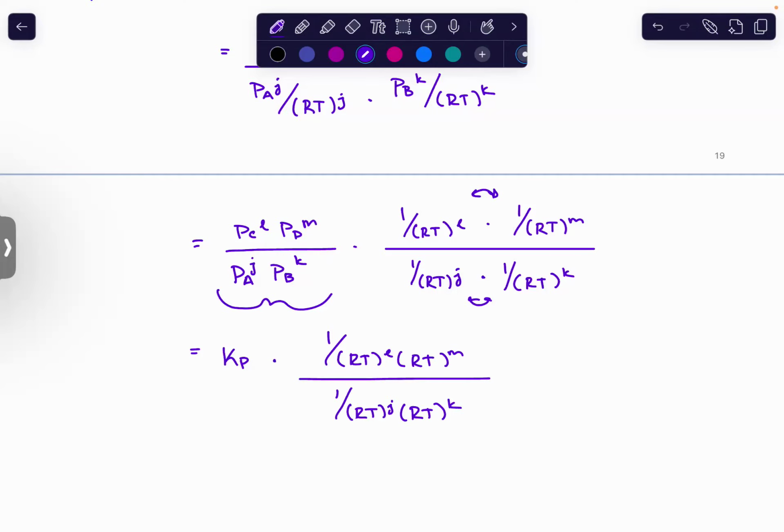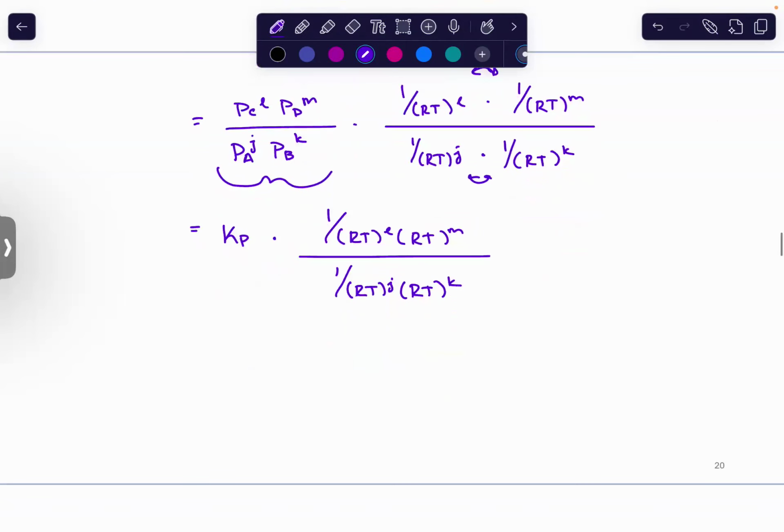All righty. Because when I do this, now I have a single fraction in the numerator and a single fraction in the denominator. I'm going to do something and see if this makes sense to you.